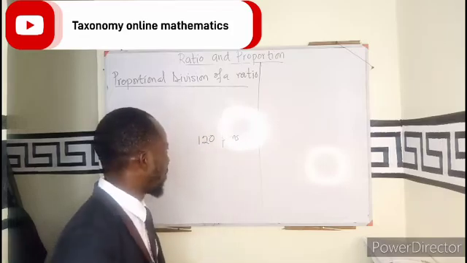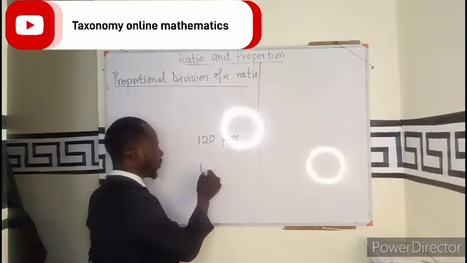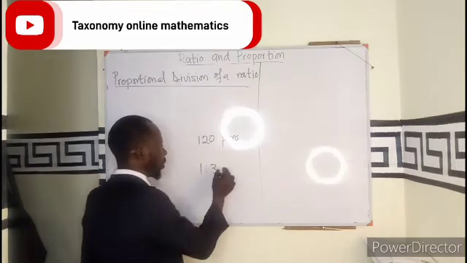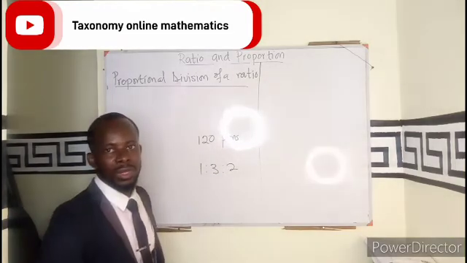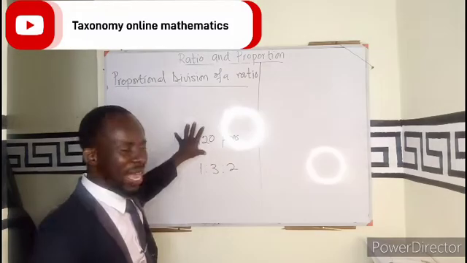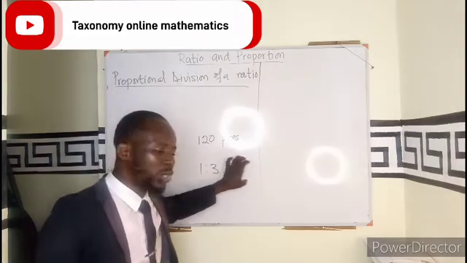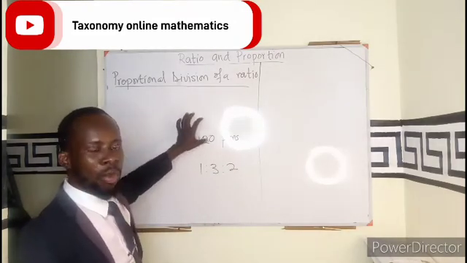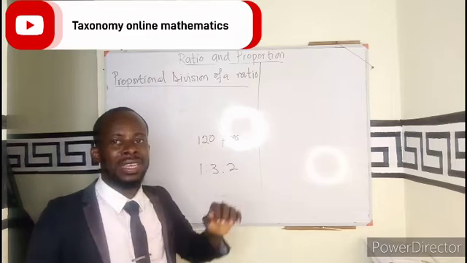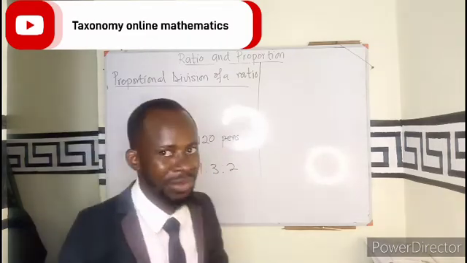Let's just say I want to share among 3 people in the ratio 1:3:2. So this is the ratio that I want to share these pence into. This is the proportional division. Alright, I want to use this as a case study to explain the steps.